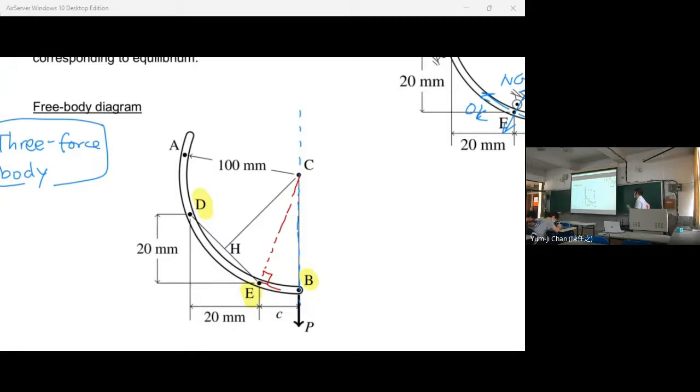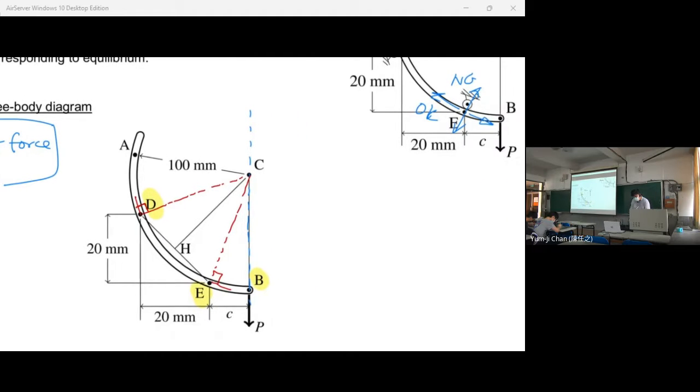The same logic goes to point D, because of the arguments I explained here. It can move in this direction, so it does not support forces here, but it cannot move in this direction, so we have support forces in this direction.